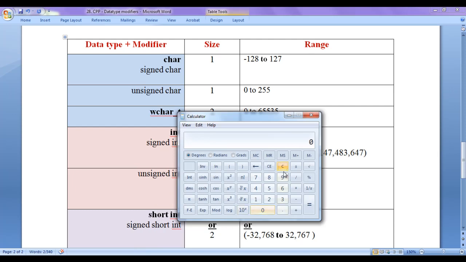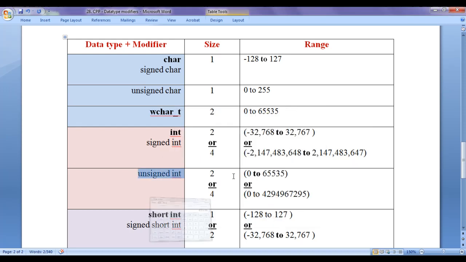Why? Because 2 bytes equal to 16 bits. 2 raised to the power of 16 is equal to 65,536. As we can store only positive values, the minimum value possible to store is 0 and the maximum value possible to store inside unsigned int type memory is 65,535 guys.